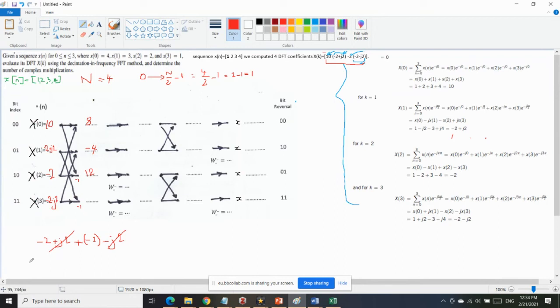Okay, and this one is minus 2 plus j2 minus الكلام هذا كله minus 2 minus j2 فتصير minus 2 plus j2 plus 2 plus j2. فواضح انه الماينس 2 حتكنسل الماينس 2 حتصير j4. Four j's. Okay.